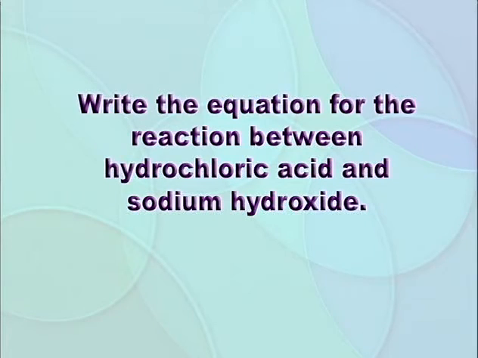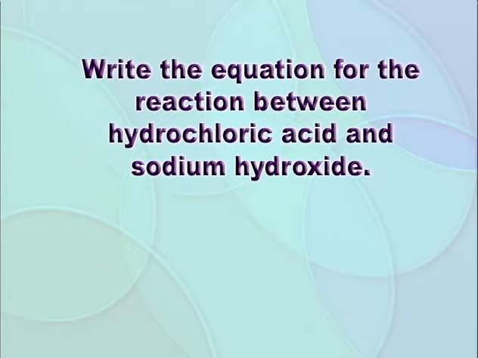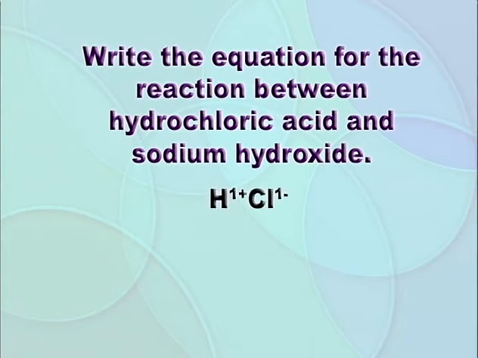Let's begin by writing the equation for the reaction between hydrochloric acid and sodium hydroxide. Since the name of the acid is hydrochloric acid, we know that it is a combination of hydrogen and chlorine. Hydrogen forms positive 1 ions and chlorine forms negative 1 ions, so the formula is simply HCl.